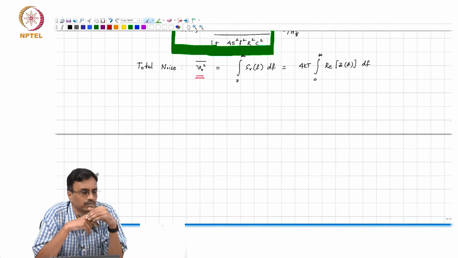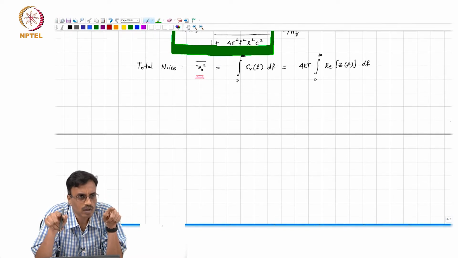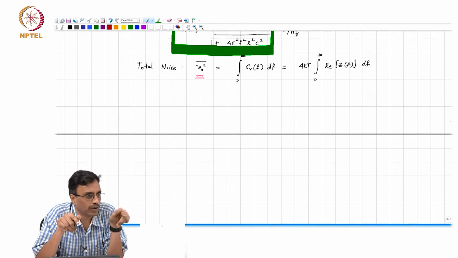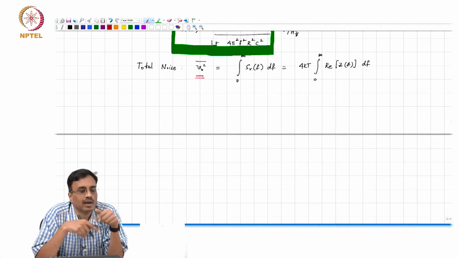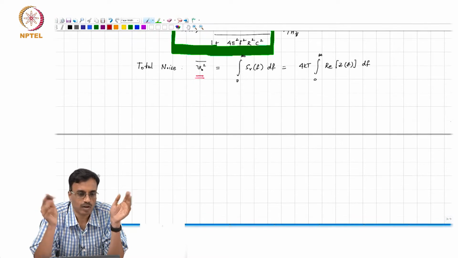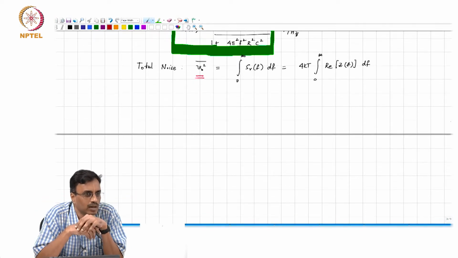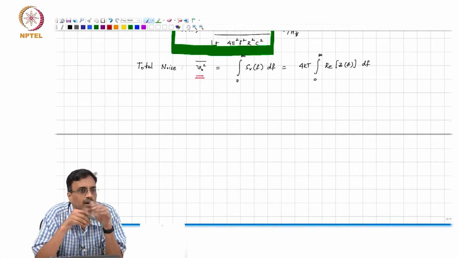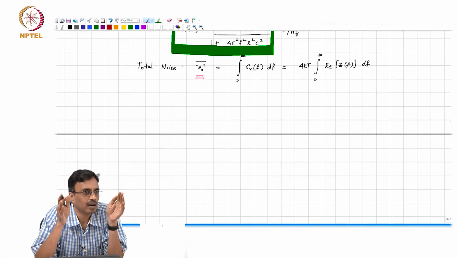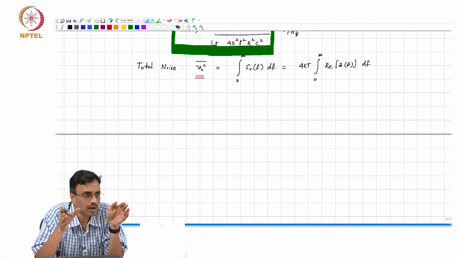That will give us the output noise spectral density due to one noise source, and you find the sum over all the noise sources. That will give you the noise spectral density at the output.